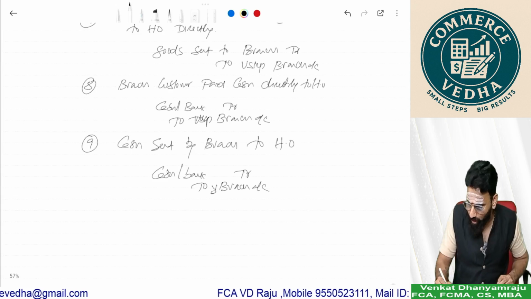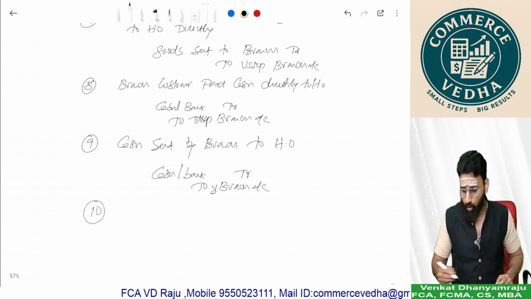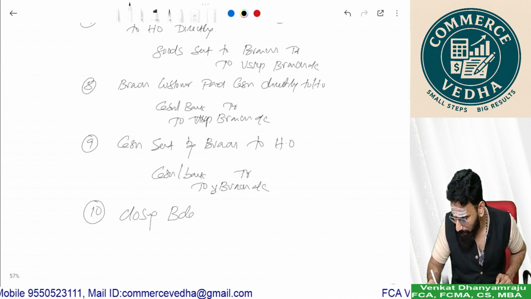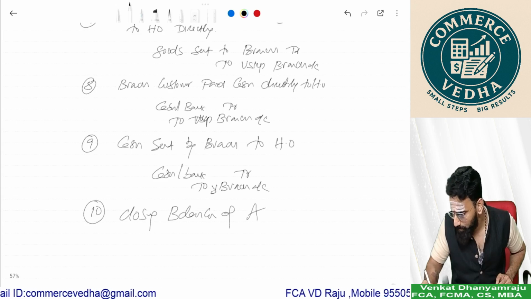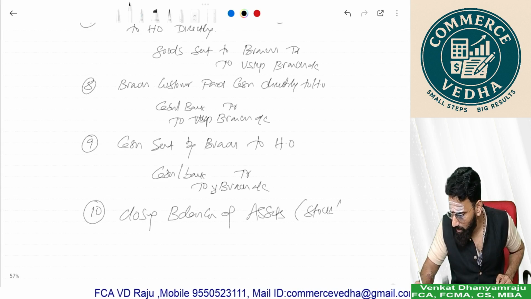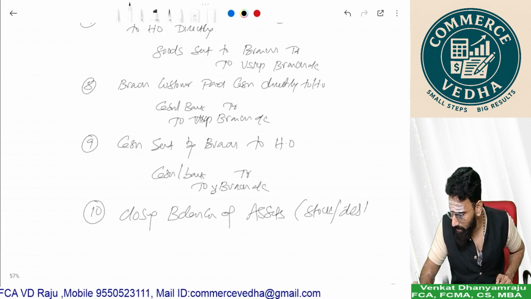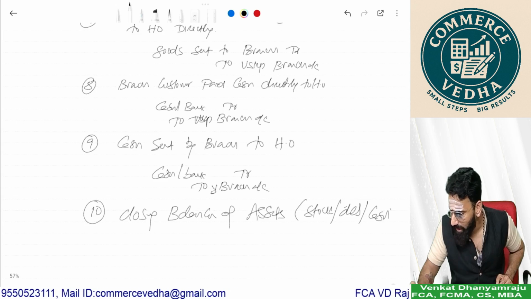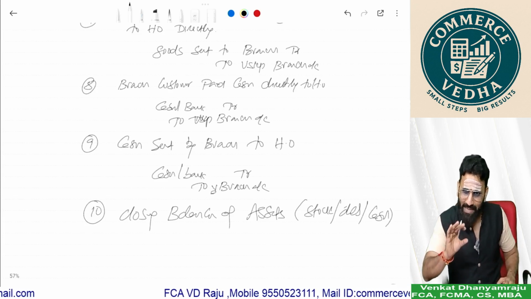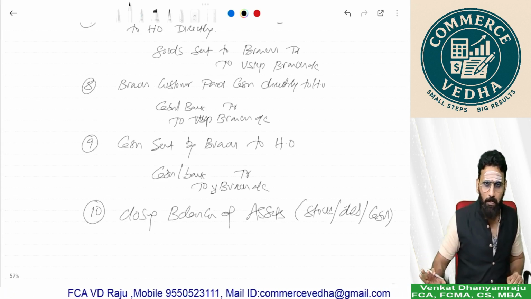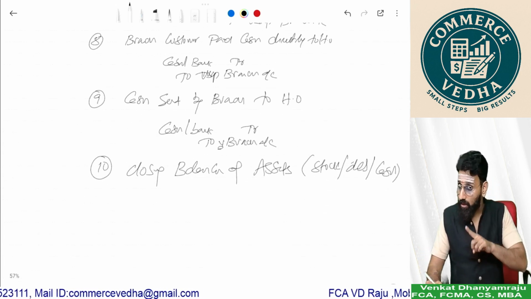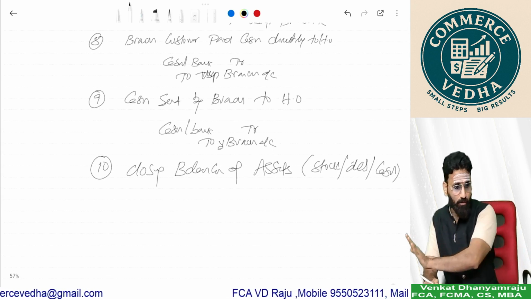Now you need to record closing balances of assets. Assets means stock, debtors and cash. Any petty cash. Normally the entire cash must be sent back to HO, but some petty cash can be kept at the branch. When we recorded the opening assets on the debit side, closing should be on the credit side.